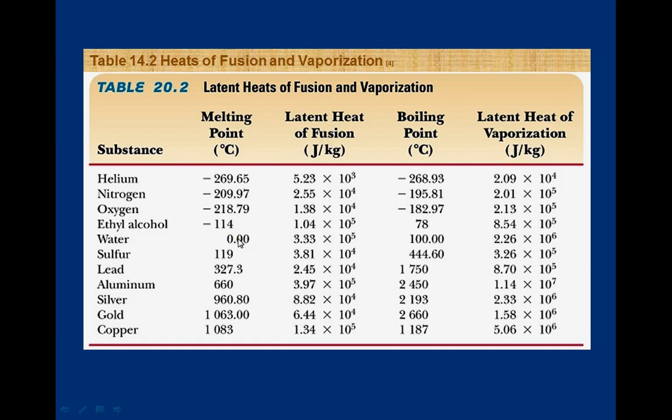So if I have 1 kilogram of ice, the amount of heat that I have to add to change 1 kilogram of ice at 0 degrees Celsius into liquid water at 0 degrees Celsius would be Q equals mL_F, so mass 1 kilogram times latent heat of fusion, 3.33 times 10 to the 5th joules per kilogram. So it would take 3.33 times 10 to the 5th joules to turn 1 kilogram of ice at 0 degrees Celsius into 1 kilogram of liquid water at 0 degrees Celsius.